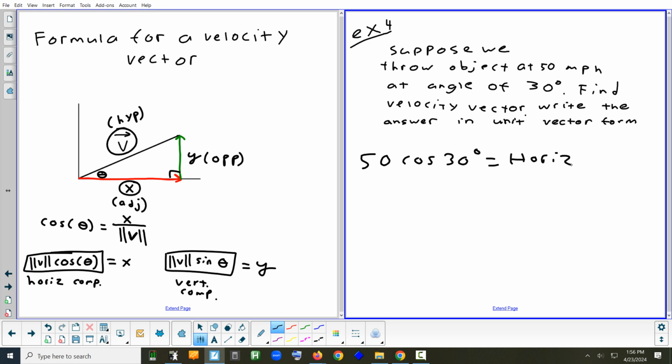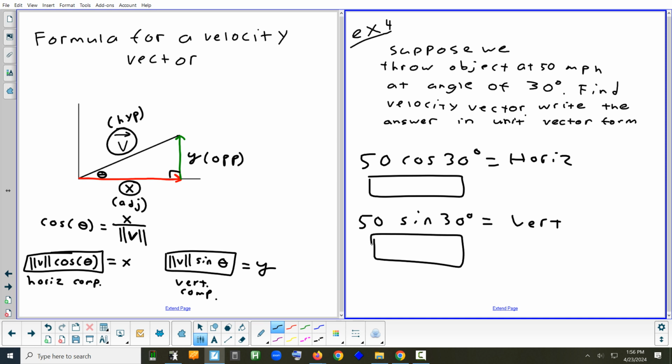Okay, we'll figure that one out. What's going to be my formula for the vertical? Yep, 50 sine 30. Now we need to figure that one out. If you type in 50 cosine 30, let's say to 2 decimal places, what do you get?